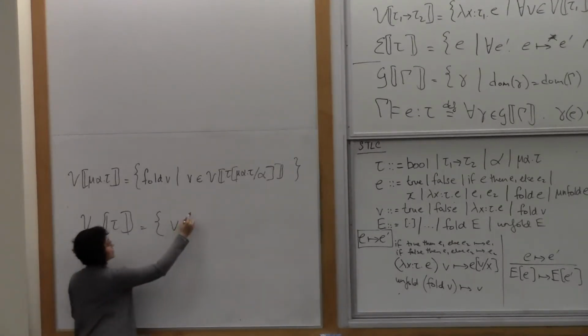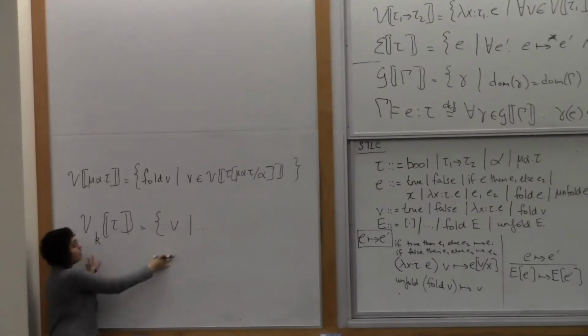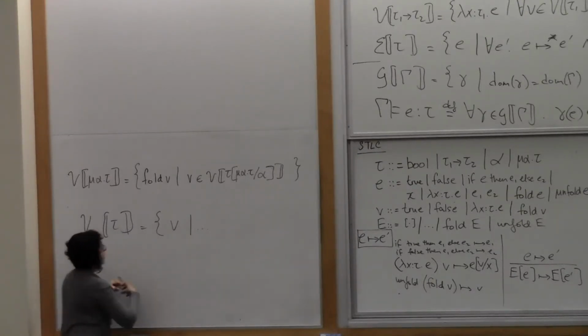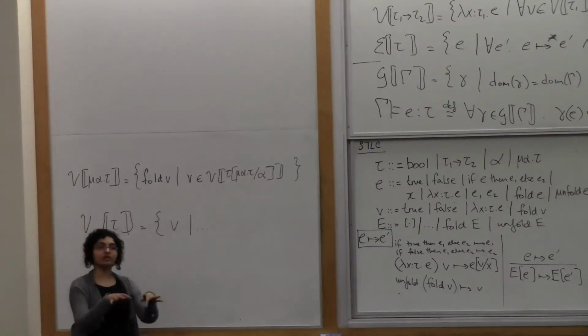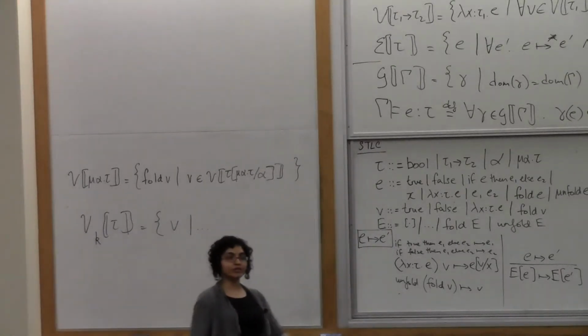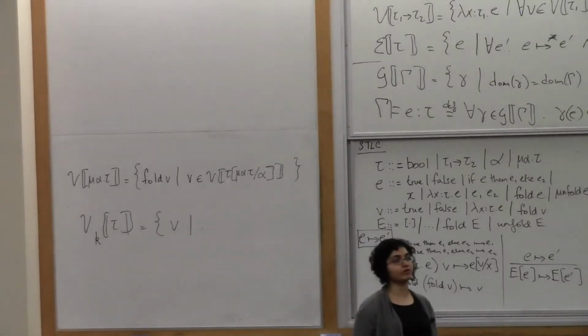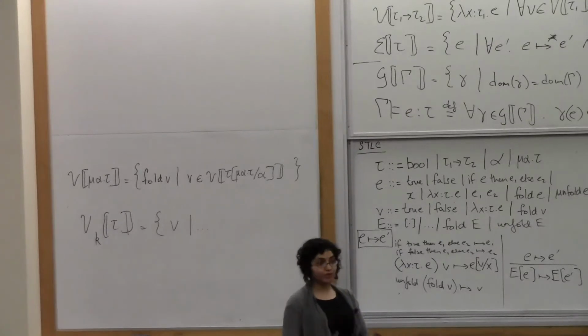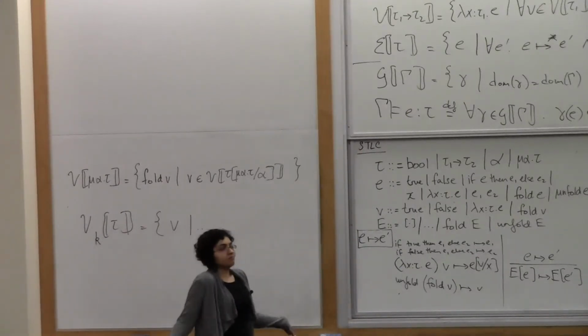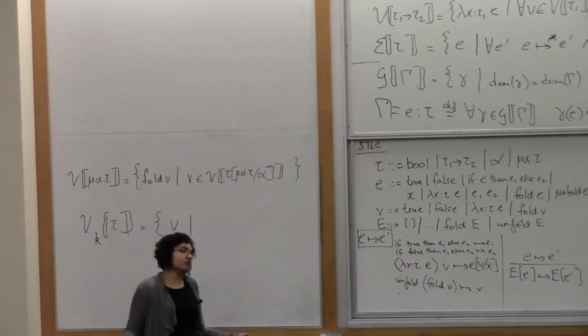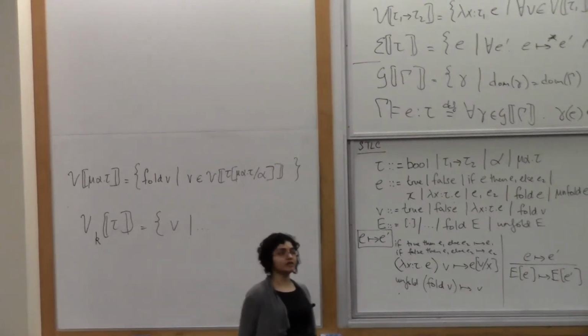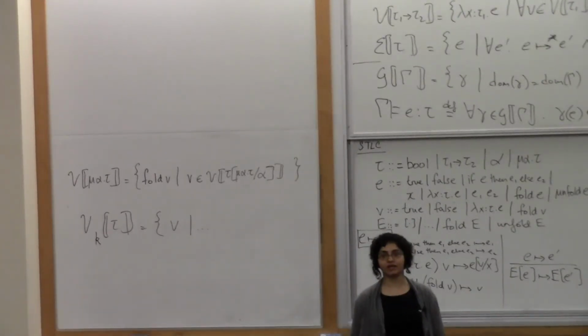And here's how you want to read this: some value v looks like it has type tau for up to k steps. So if I give you a v that belongs to tau for k steps, you can go do anything with that value that you like, but you only have k steps within which nothing will go wrong. If you try to do something with this value beyond k steps, then it may actually get stuck or not behave like what you expect. So I'm sort of approximating what I know.